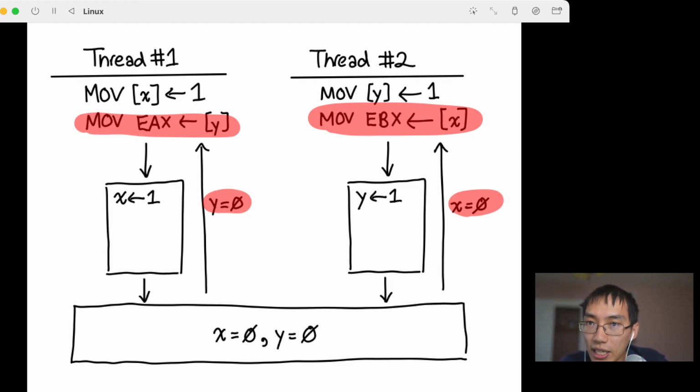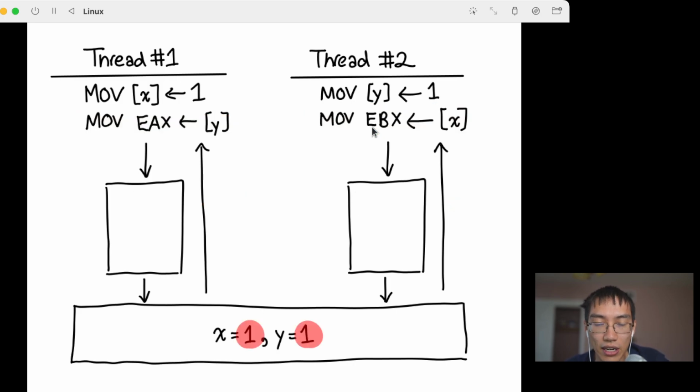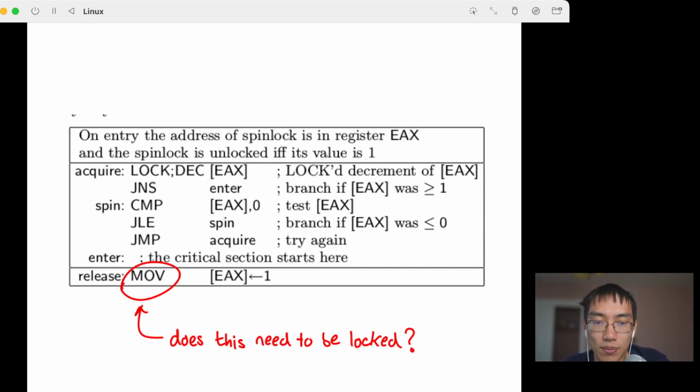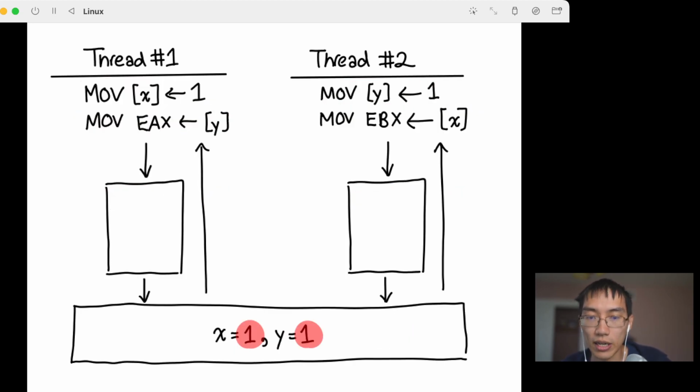These reads don't hit any writes in the buffer, so they go straight to main memory, and we read out what the values in main memory are, namely 0 and 0. Therefore, we read out both 0 and 0 for the temporaries before the writes get flushed to main memory. So in x86 TSO, it is possible to get 0, 0 when running this assembly together.